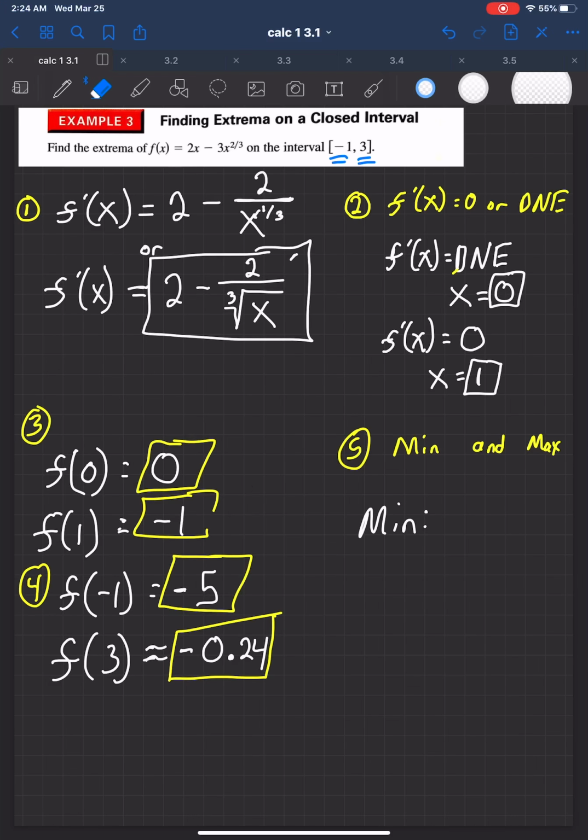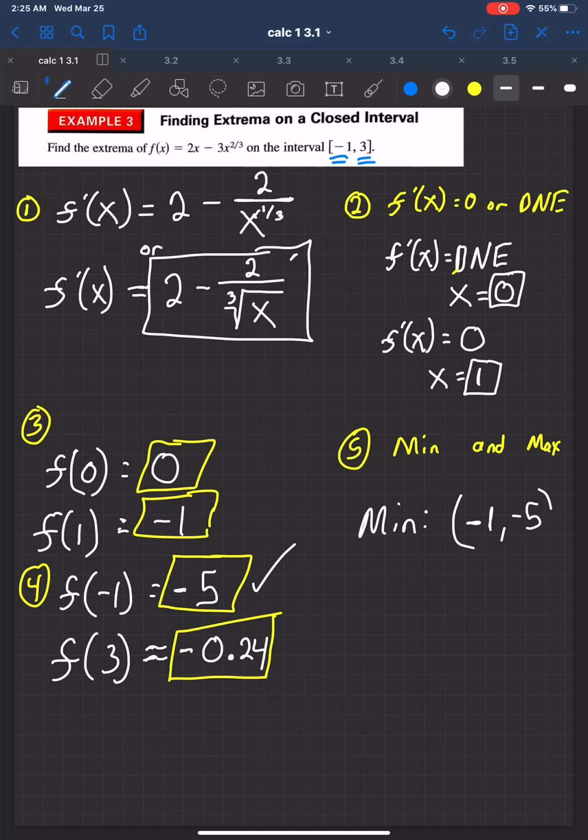Let me try that again. The smallest number is actually -5. By the way, just in case you didn't know, I know you're in calculus, but -5 is smaller than -1, now you know. So what is the smallest number? It is -5. And where does that occur? That occurs when x is -1.